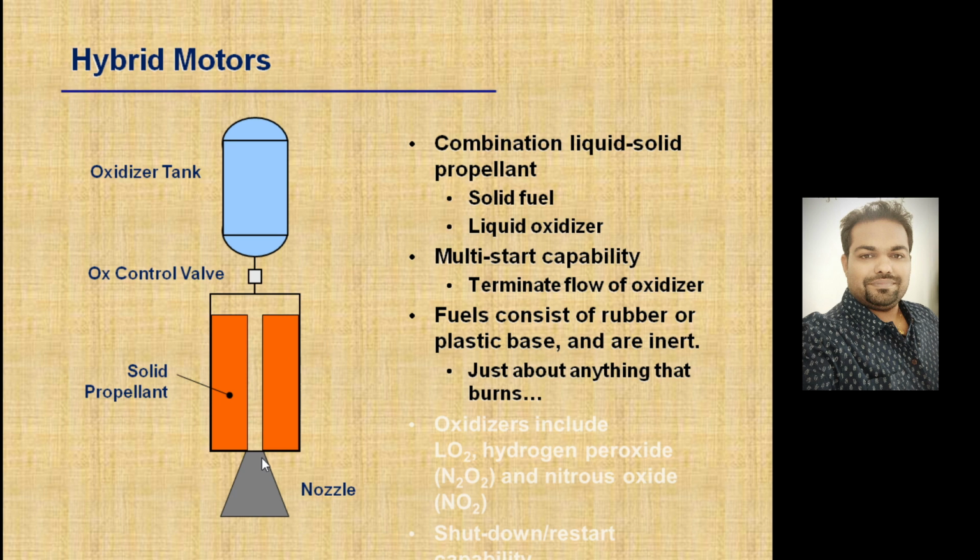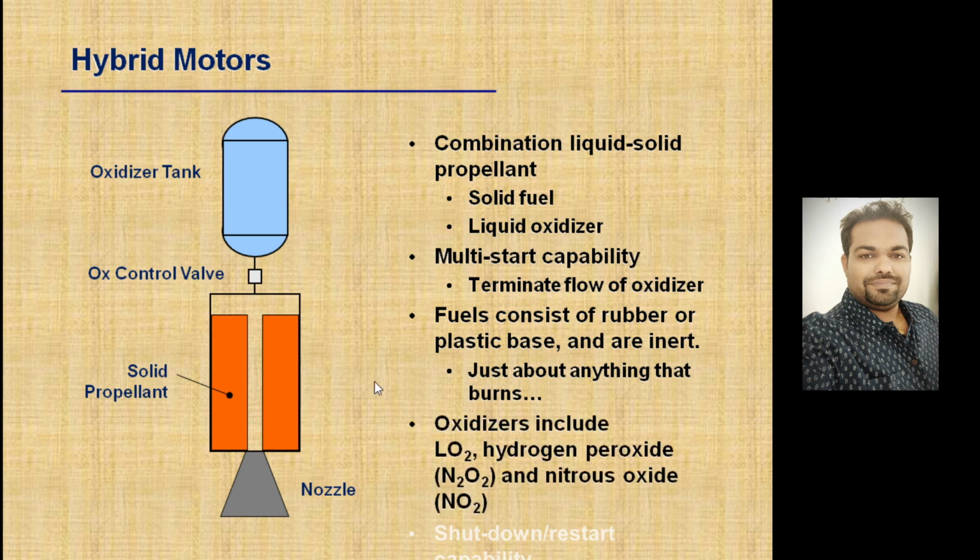So there is no igniter needed in this case. Oxidizers include liquid oxygen, hydrogen peroxide H2O2, and nitrous oxide N2O. So either of these can be used as oxidizer. The moment the oxidizer comes in contact with the solid propellant fuel, burning starts automatically. So there is no need for an igniter. You can see nowhere is an igniter attached.